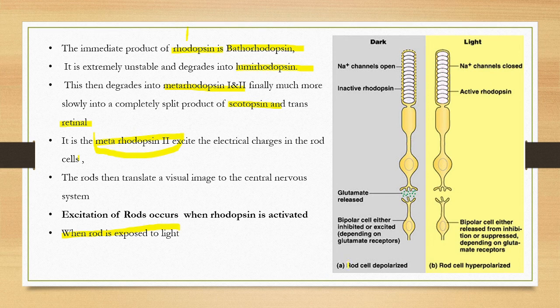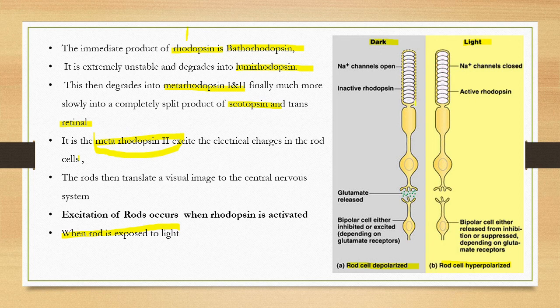You can see two conditions here. One is where the rod cells are depolarized, and the other where the rod cells are hyperpolarized. This is the darkness, and this is the light. In the darkness, listen here, there are so many sodium channel gates here.